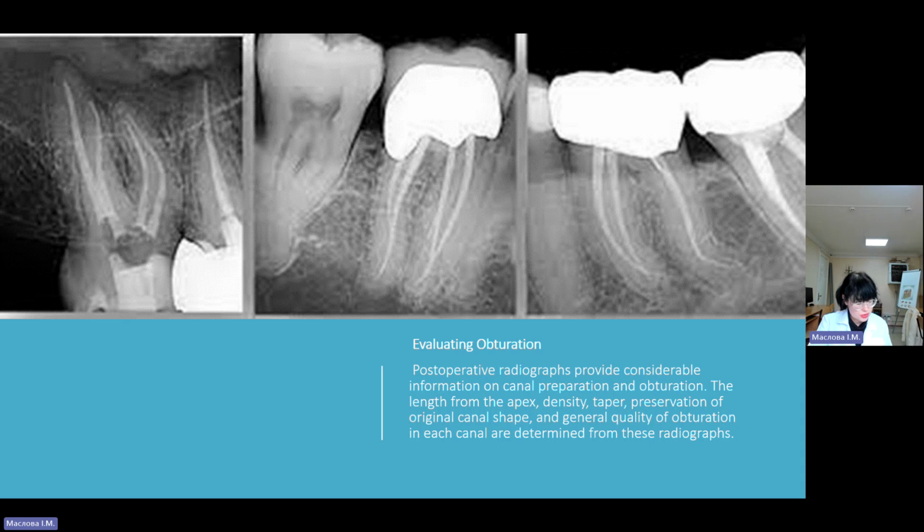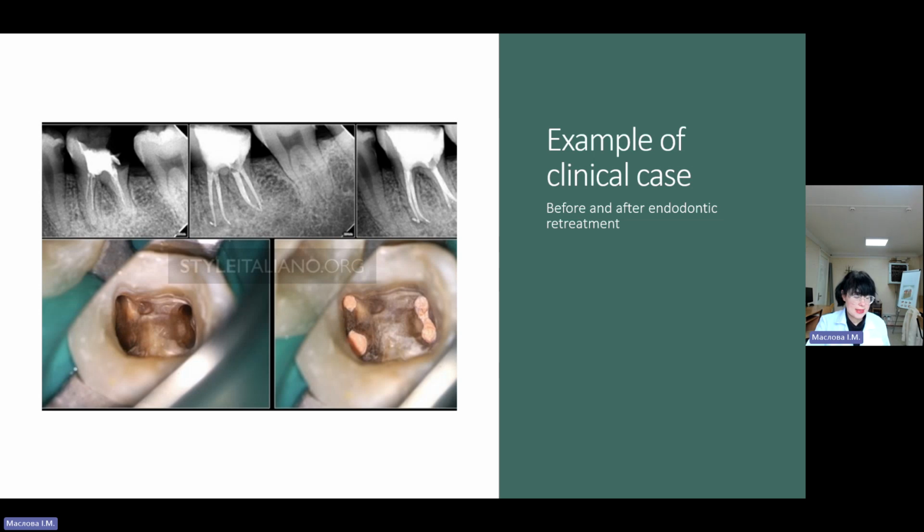Please put your attention on the screen. The next slide shows an example of a clinical case before and after endodontic retreatment. It is the coronal part of the tooth.